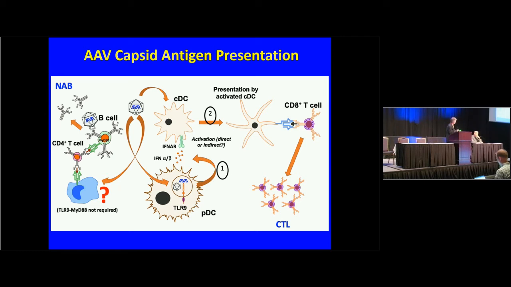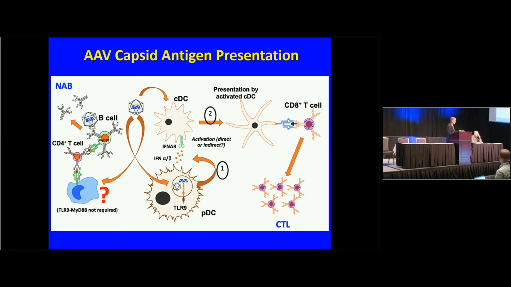So you need TLR9 sensing of the AAV genome specifically in plasmacytoid dendritic cells as the signal, and then presentation by the conventional dendritic cell, which does not involve TLR9 signaling, but it presumably gets its signals through the plasmacytoid dendritic cell, and now you get activation of the CD8 cell.